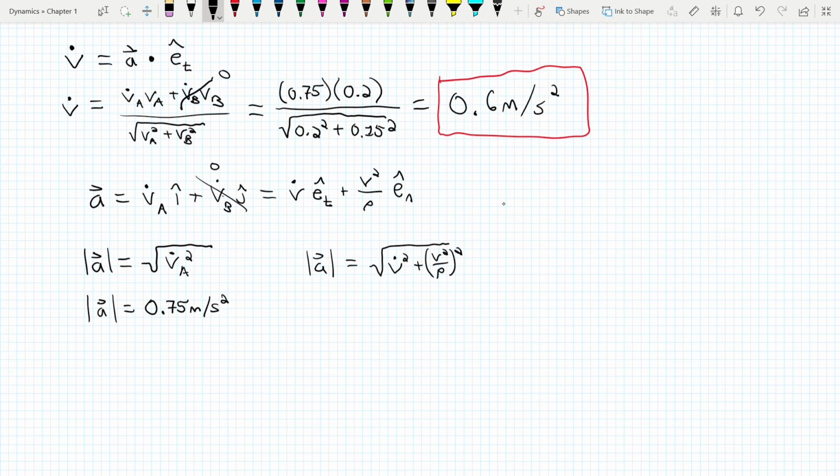Since we have the magnitude and we have the rate change of speed and we have the velocity, we can put this equation in terms of rho. So we can do the magnitude squared is equal to rate change of speed squared plus V squared over rho all squared.